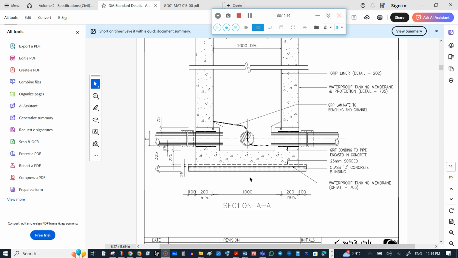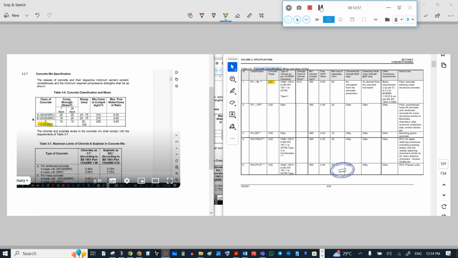Now, what is class C concrete? We are discussing blinding concrete class. It is as per C15, that is, class C is mentioned, but the 20 distinct is 15, whereas in our new specification 129 of 734, plain cement concrete for blinding minimum class is 42.5.